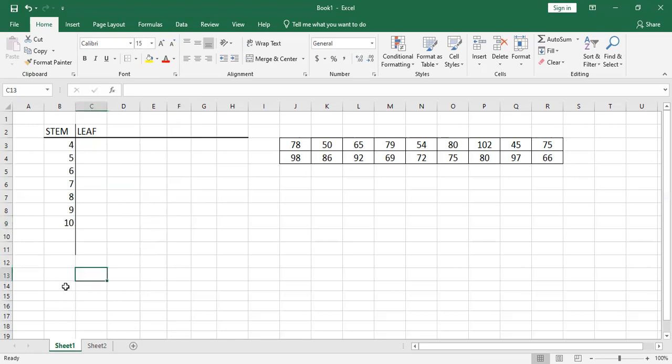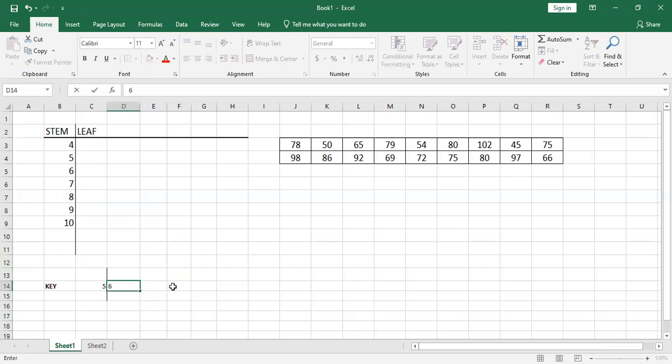And then I'll put what we call the key here. The key simply tells us what it means when we see something like 5 here, and then 6 the other side.